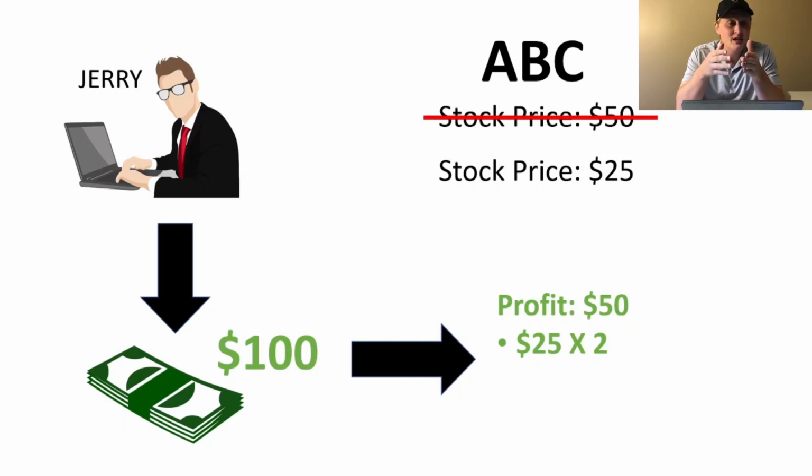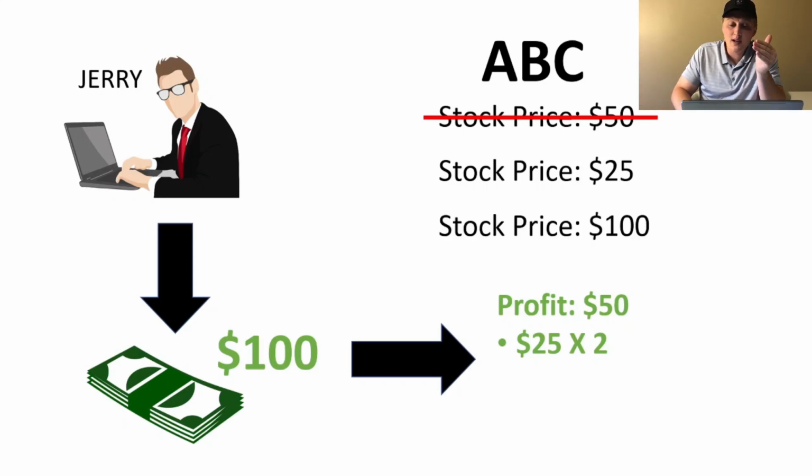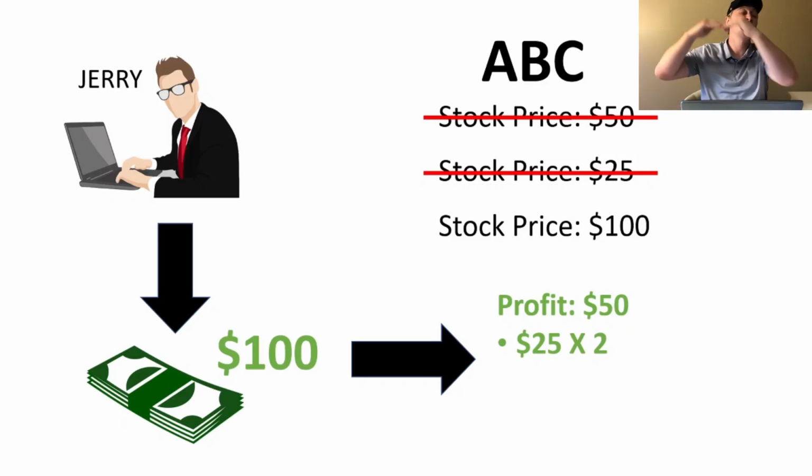But like I mentioned in the beginning of the video, short selling can be super risky because essentially you can have infinite loss. So let's say instead of going down, that stock price goes up to $100. So now Jerry is going to be losing money because he sold those shares at $50, hoping that it was going to go down so he could buy them back, but they actually went up. So now if he wants to get out of the short sell, he has to buy the shares back at $100 each.